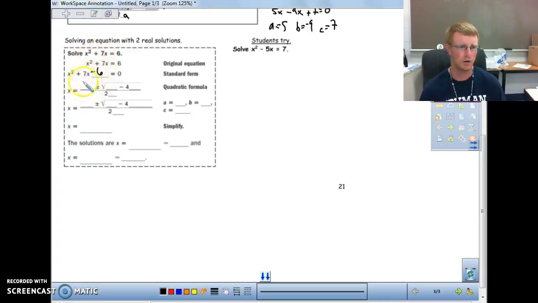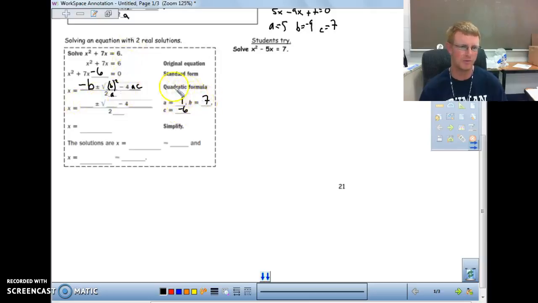Then let's recall the quadratic formula: negative b plus or minus the square root of b squared minus 4ac, all over 2a. When we identify our a, b, and c, we get 1, 7, and negative 6. So a is 1, b is 7, and c is negative 6.